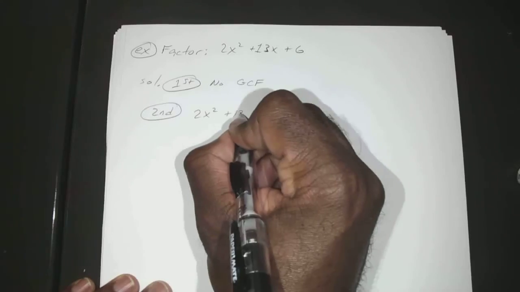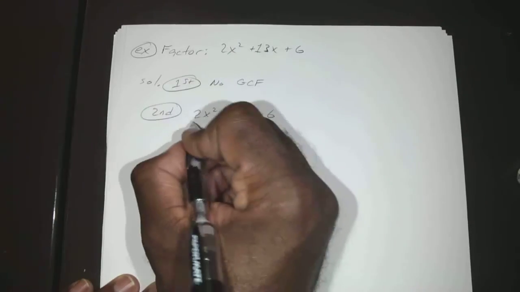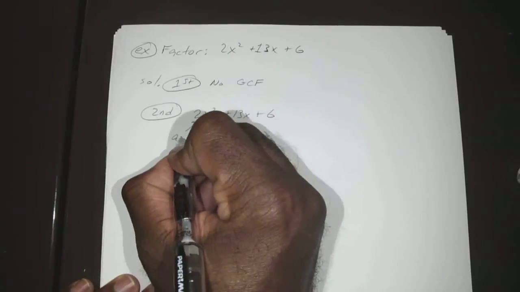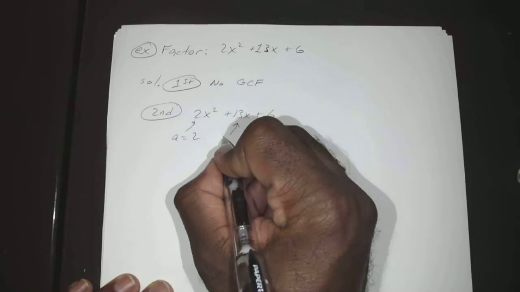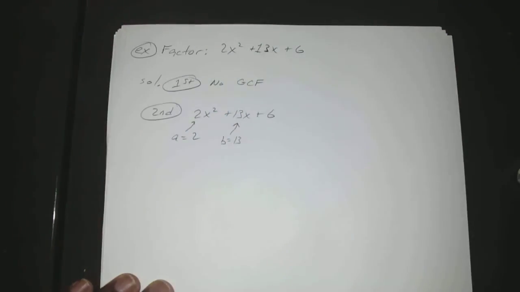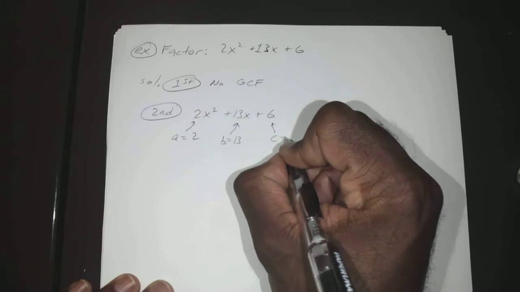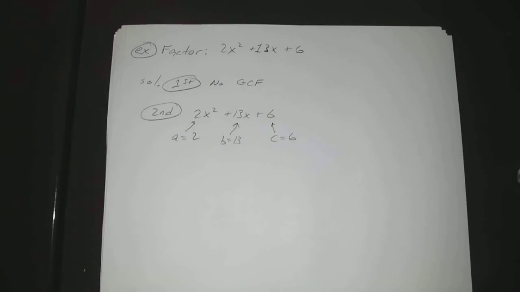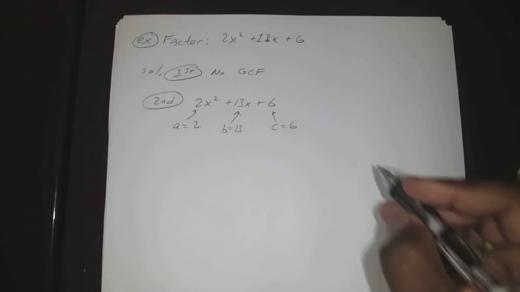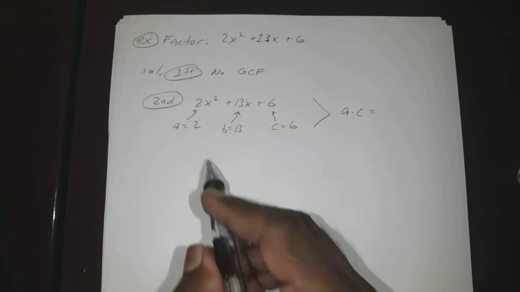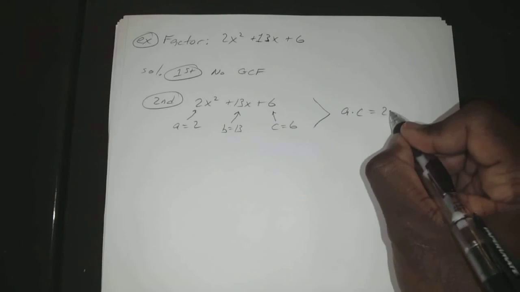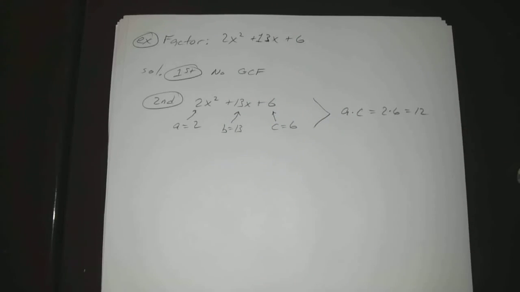2x squared plus 13x plus 6, which means that A is equal to 2, B is equal to 13, and C is equal to 6. Which means that A times C is equal to 2 times 6, which is 12.